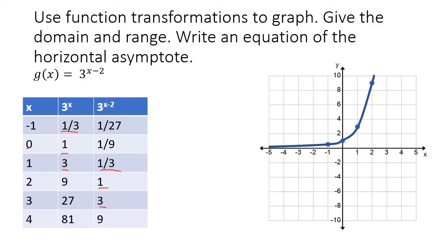When x is 0, I'm doing 0 minus 2, which is 3 to the -2, which is why I get 1 over 9, and so on and so forth. What does this do to my graph? It shifts it over to the right 2.